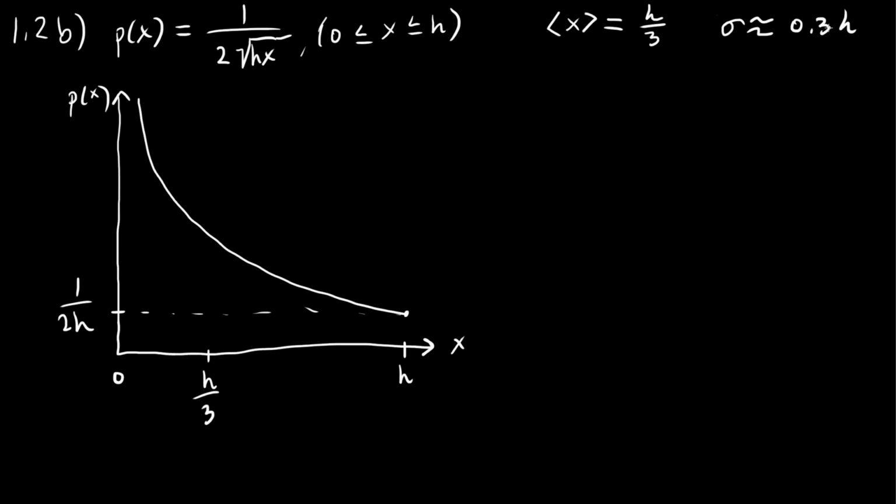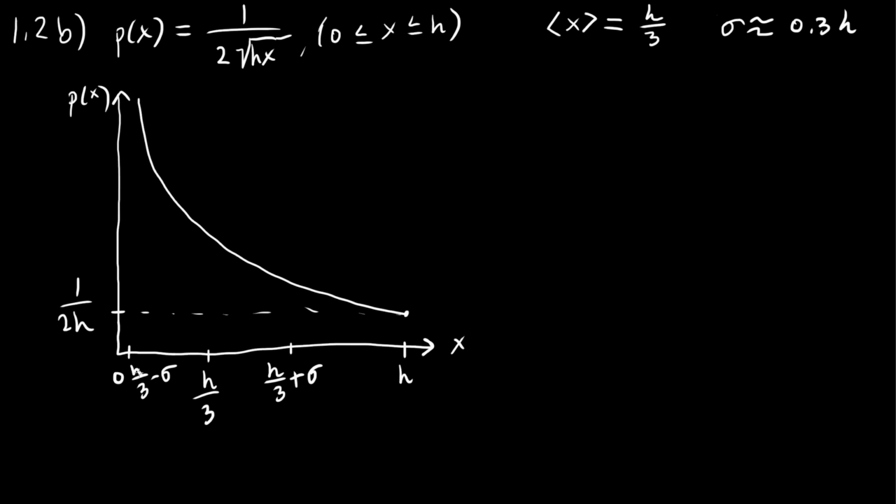And one standard deviation away from this is actually very close to 0, because 0.3 is very close to 1/3. So this will be h over 3 plus 1 standard deviation, and this will be h over 3 minus 1 standard deviation.